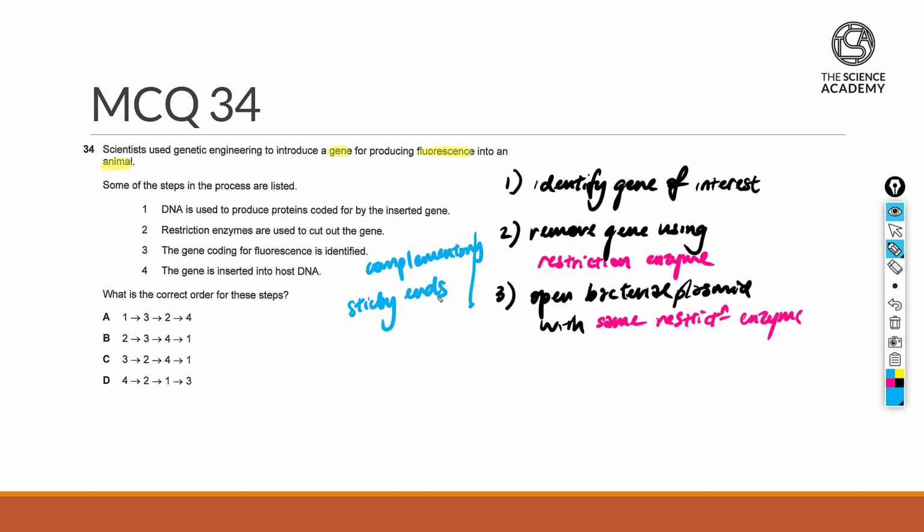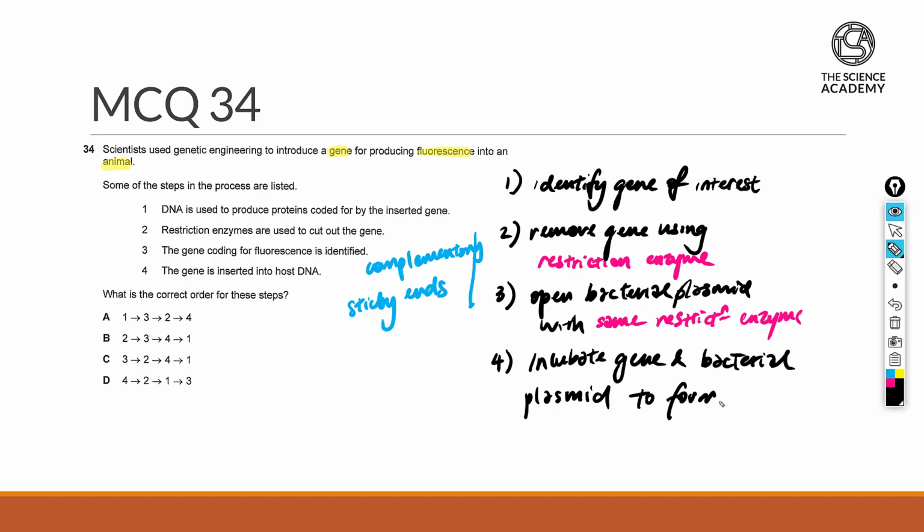So this facilitates step number 4, whereby we incubate the gene of interest and bacterial plasmid in hopes that it will actually form a recombinant plasmid, so that the gene of interest is inserted into the bacterial plasmid itself.